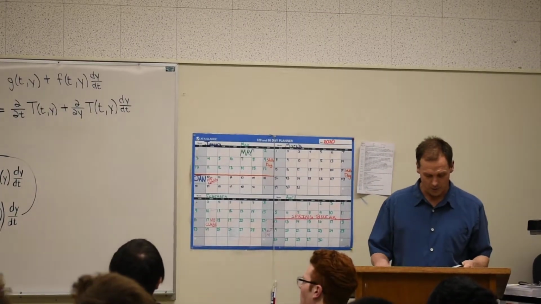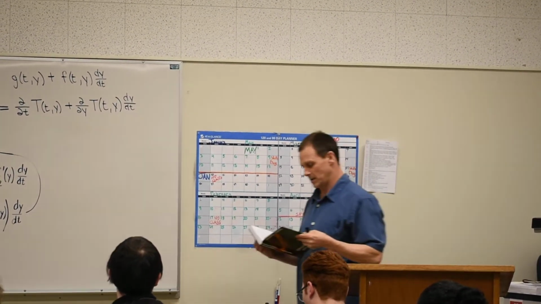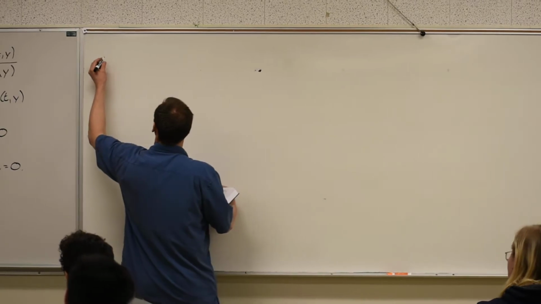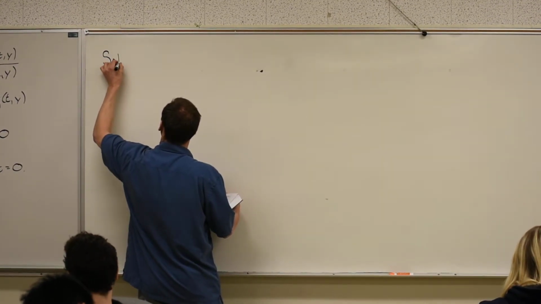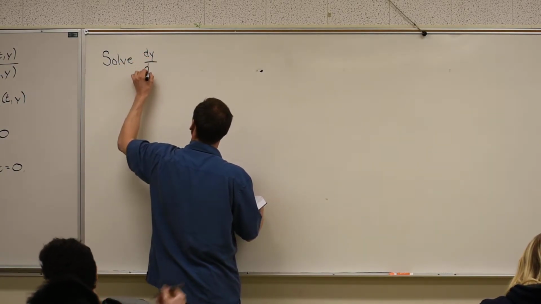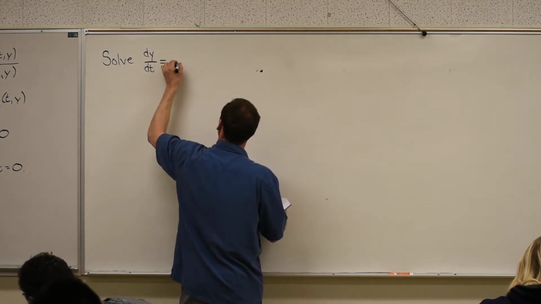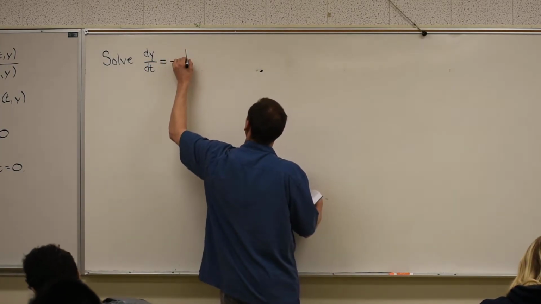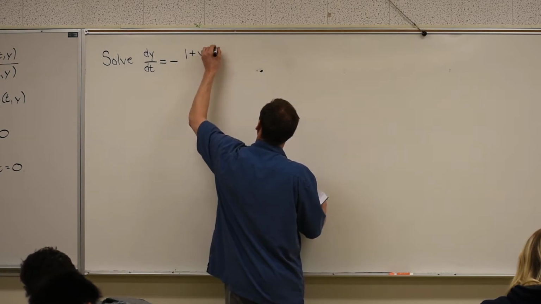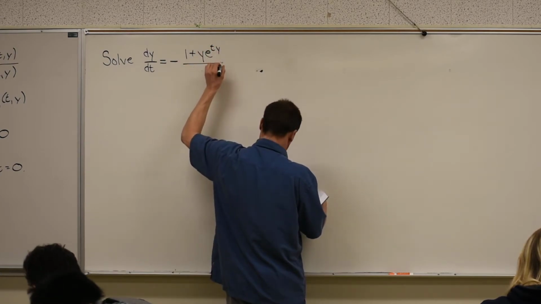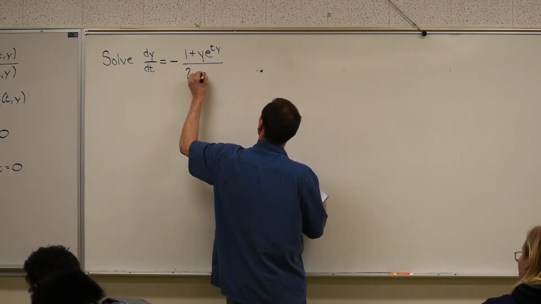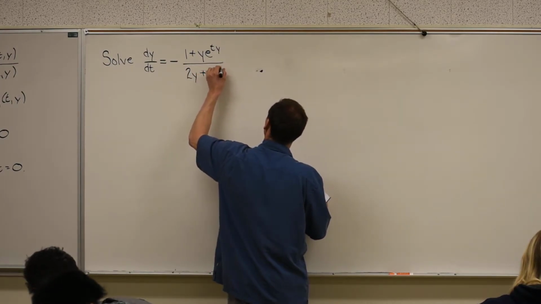I'm going to do a problem out of your book. It's problem number 13B. What we're going to do is solve dy/dt equals minus (1 plus y e to the ty) over (2y plus t e to the ty).